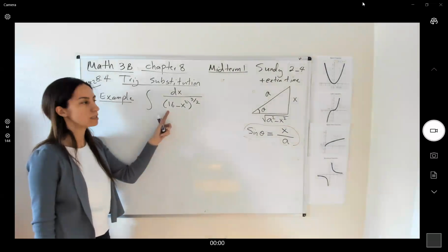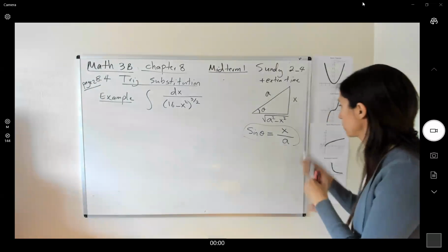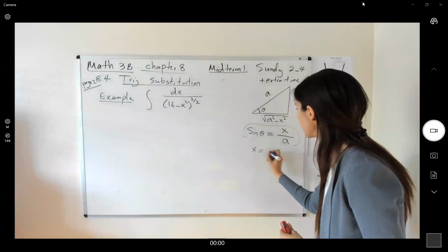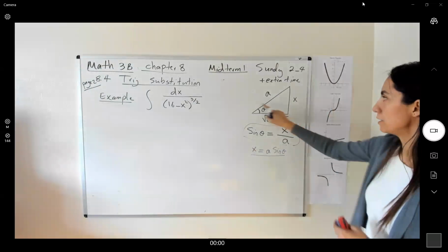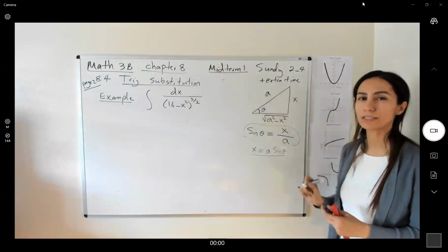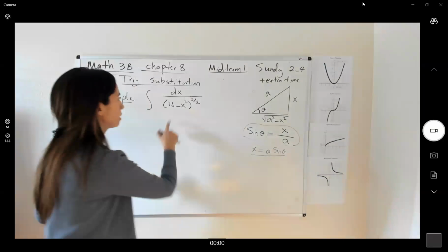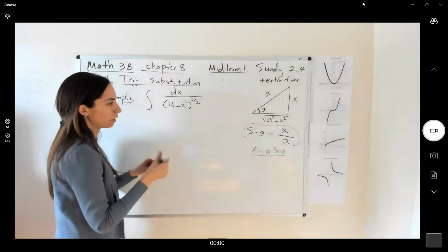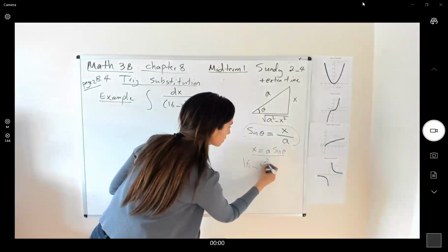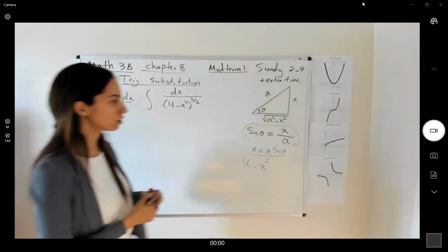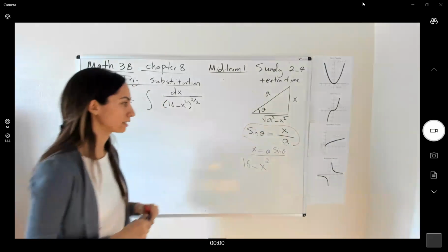So you have 16 minus x squared. Remember that your x can be written as a sine theta, and a as a hypotenuse is just a radius, just a number. Okay, let's see. I have 16 minus x squared. I have the general format of a squared minus x squared inside the radical.